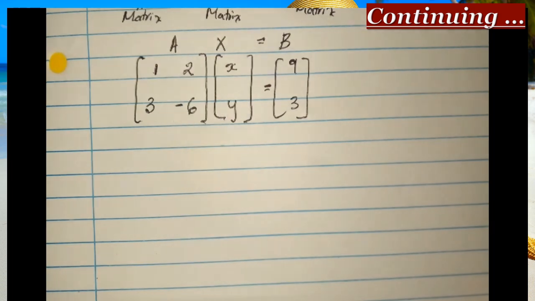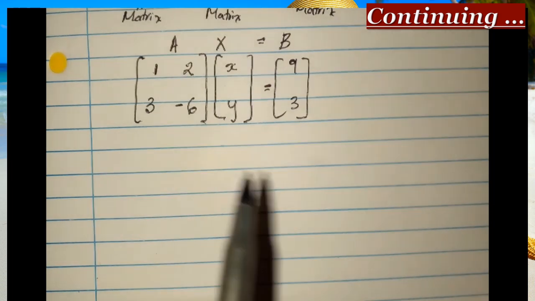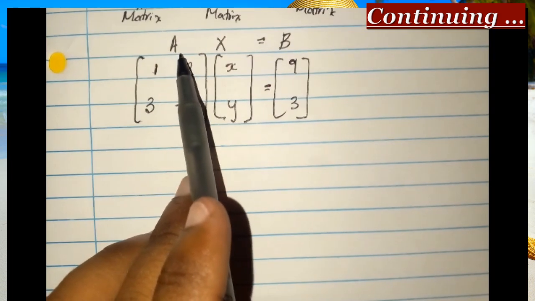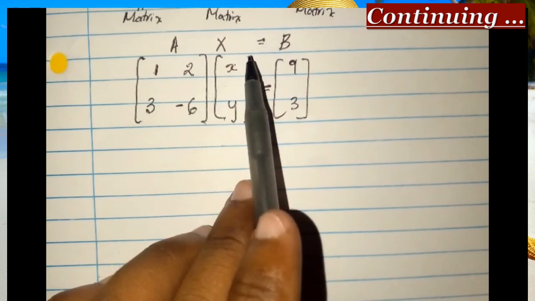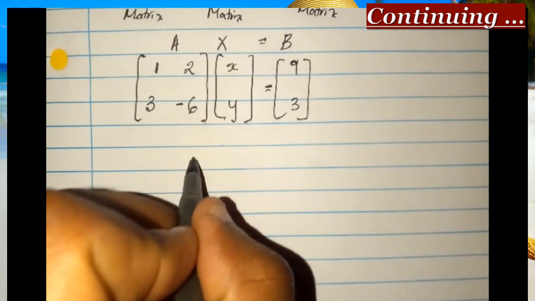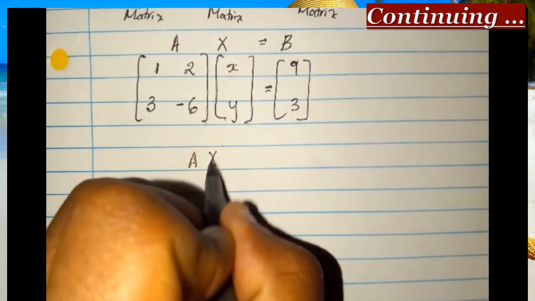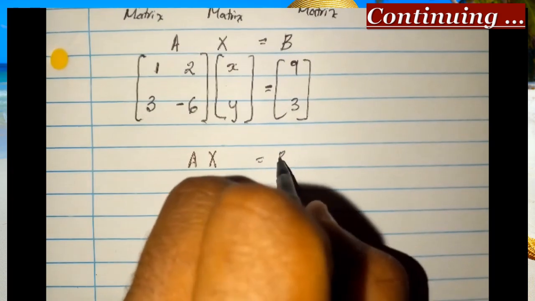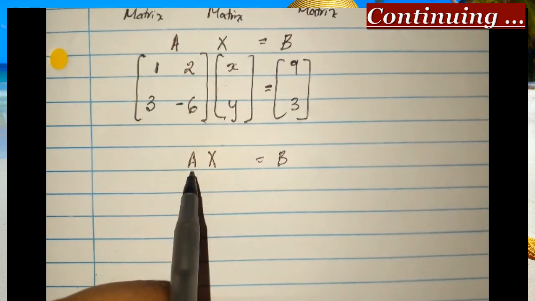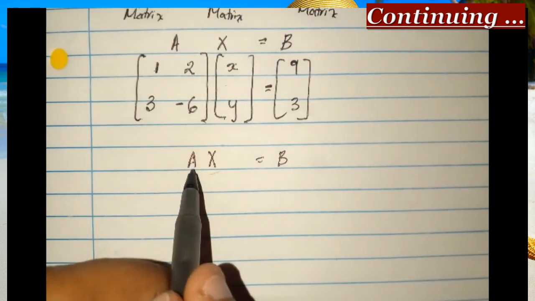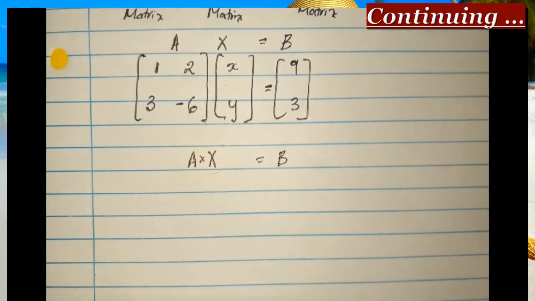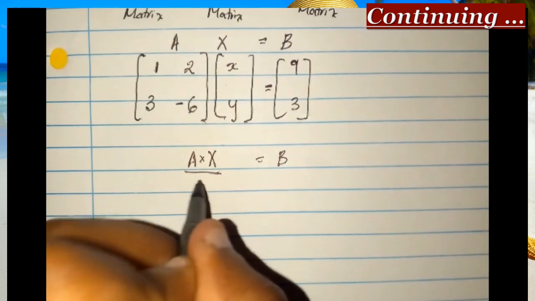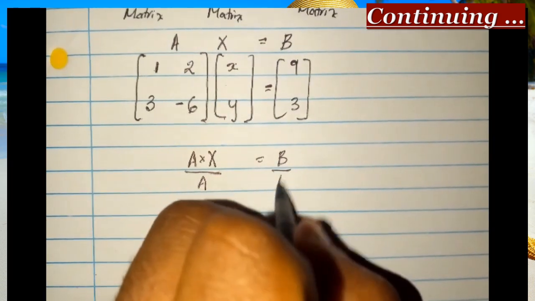So in this case, I need to remove this multiplied by A from this X. Let's use algebra to help us a little bit. I need to get X on its own, so I need to remove this multiplied by A. Remember, we need to remove the multiply by A by dividing both sides by A.